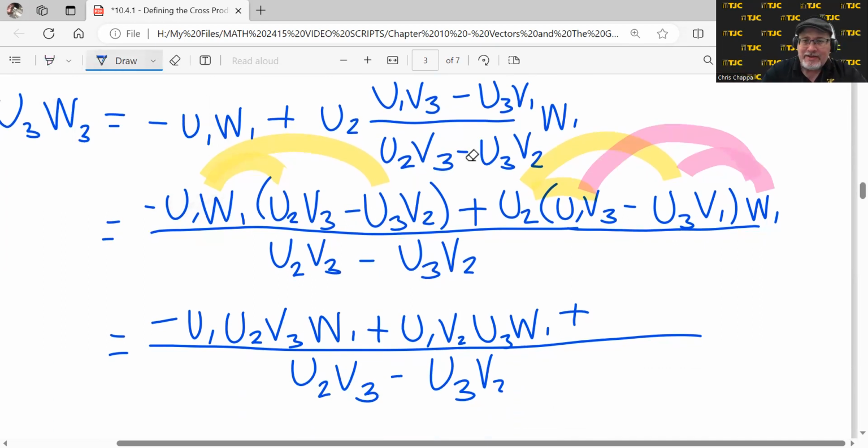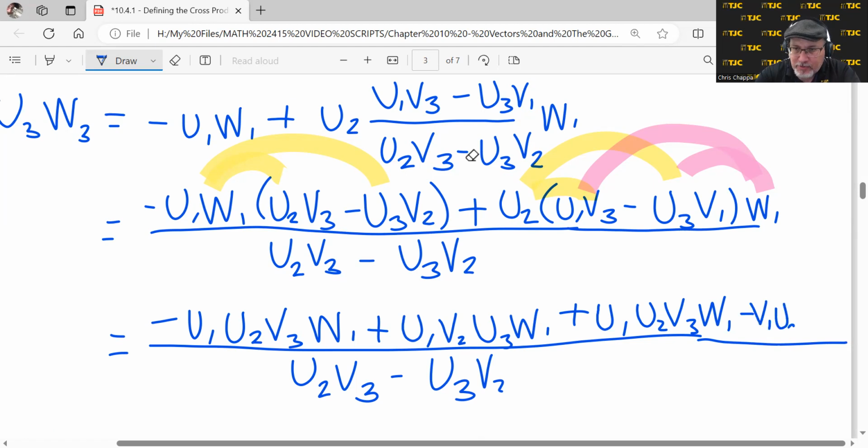All right, so that means that the first term on the distributions from both sides will be, in numerical order, U1, U2, V3, and then W1. I'm saving the W last because it's the variable we're solving for. And the second half will be minus V1, U2, U3, W1.